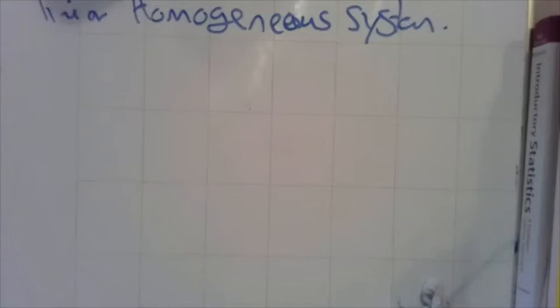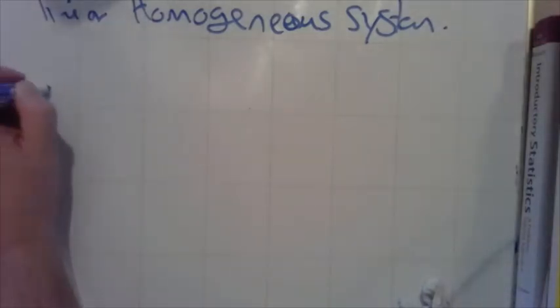Everything in the system is 5 times x plus 4 times y. There are always x's and y's there. All the coefficients are constants. There are no sines and exponentials and so forth.